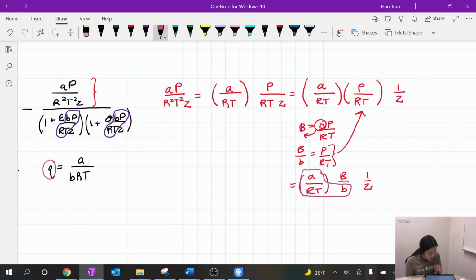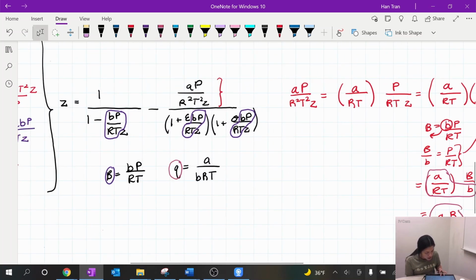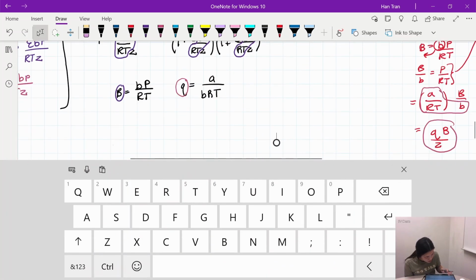So we can substitute that in for Q. So then what we would be left with is Q times beta divided by Z. So let's substitute these into the equation and see if it looks any cleaner.